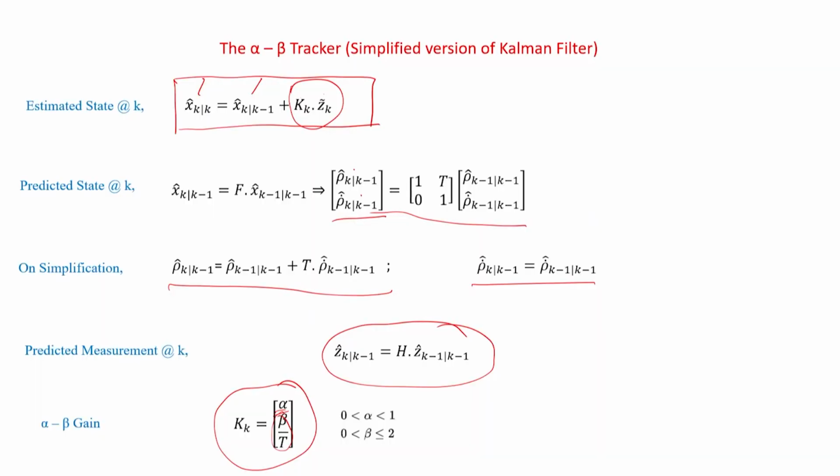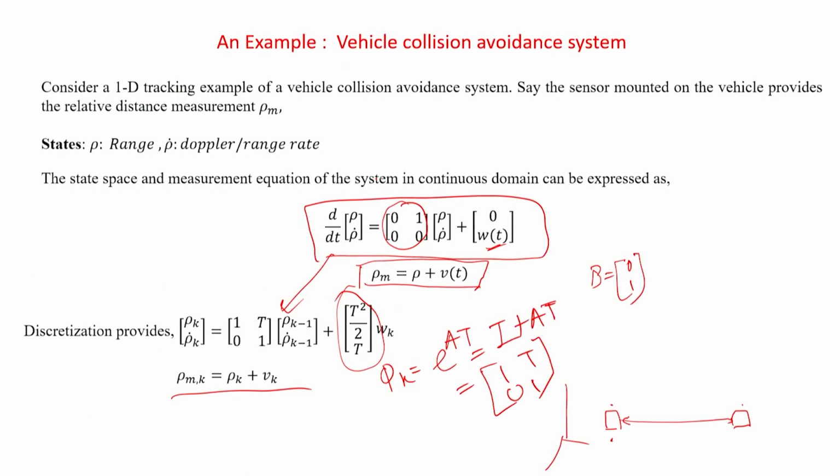Here in this example, the vehicle collision avoidance system, my model is a simple constant velocity model, 1 t 0 1. This is my Q, the process noise covariance due to unmodeled dynamics. Here, should I keep Q at a higher value or a lower value? I must keep Q at a very low value, because this is the actual dynamics.